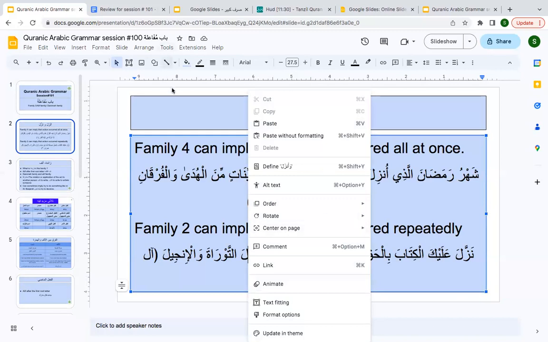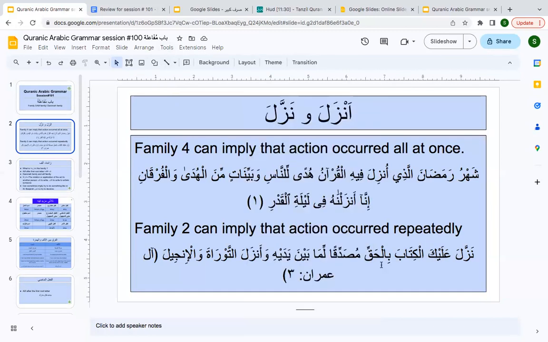You understand, I also told you that this is something big that happened. When it comes to family 2, qattala also means to massacre, to kill brutally. So Nazzala is not just sending down anything, it is sending down something very, very special, isn't it? Make sense?